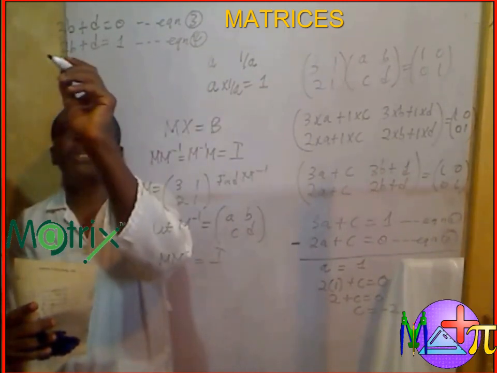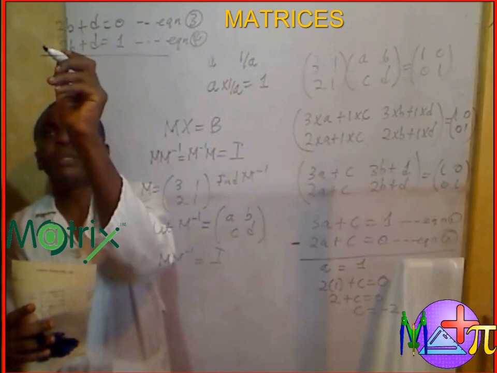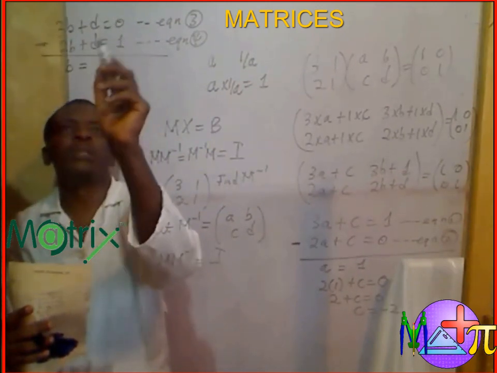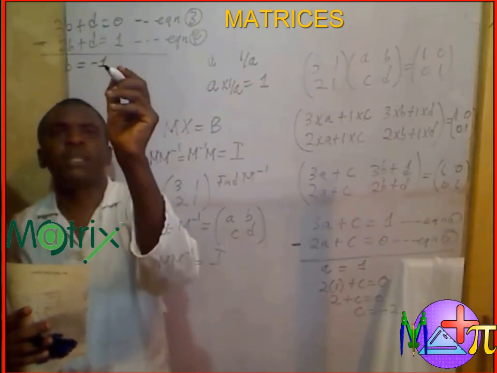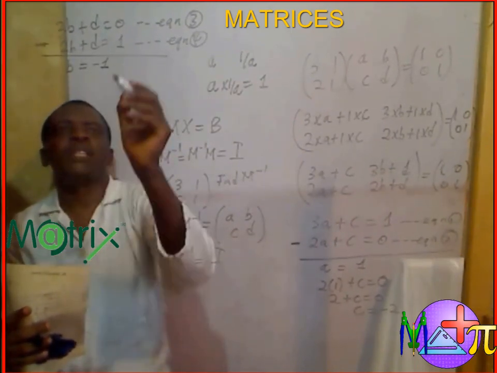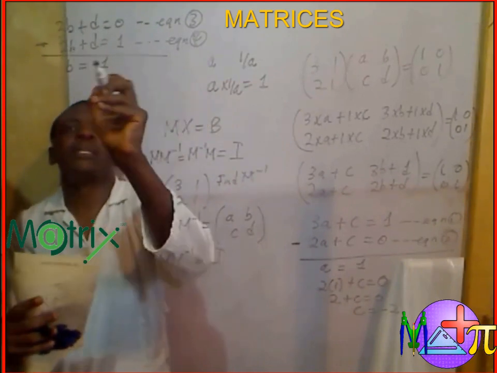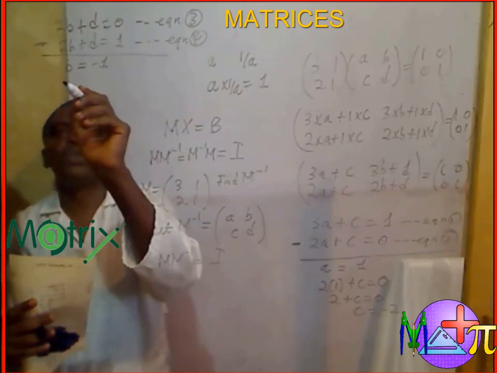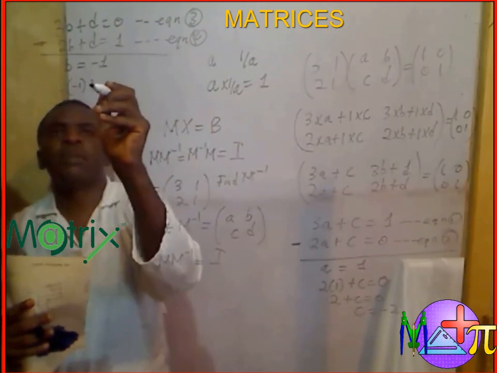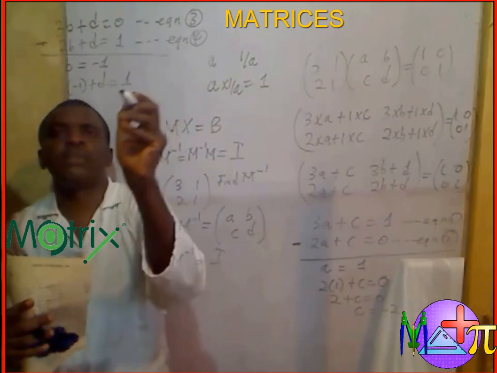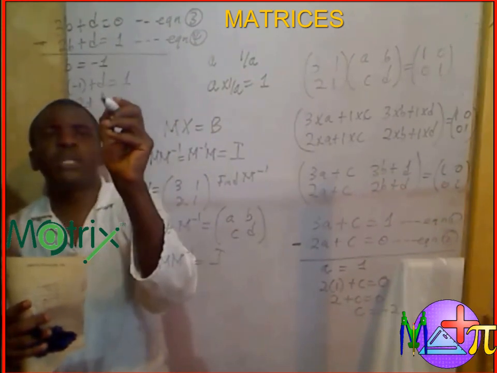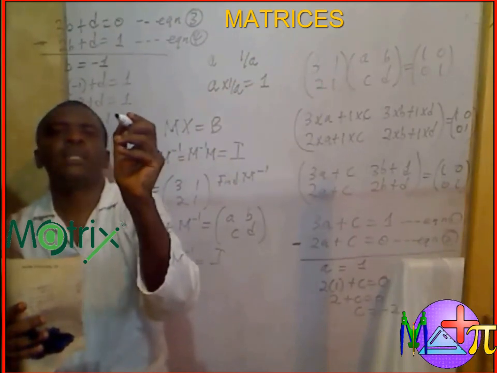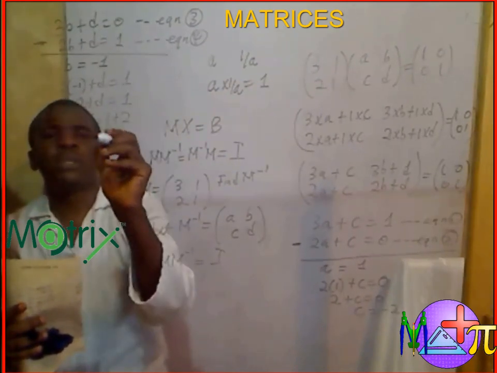I subtract equation 4 from equation 3. That will give me B is equal to 0 minus 1, which gives us minus 1. I substitute in any of the equations to get D. So if I use equation 4, I'll have 2 times minus 1 plus D is equal to 1. So this is minus 2 plus D is equal to 1. D is equal to 1 plus 2. D is equal to 3.